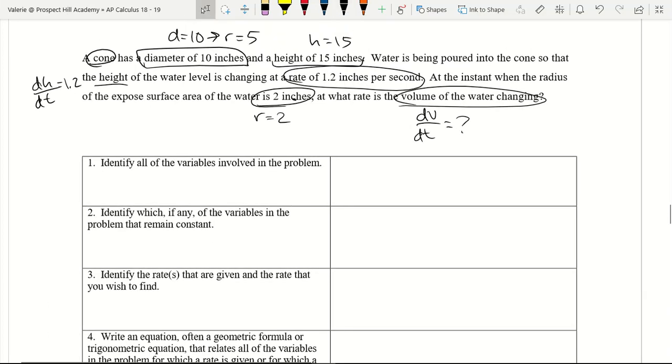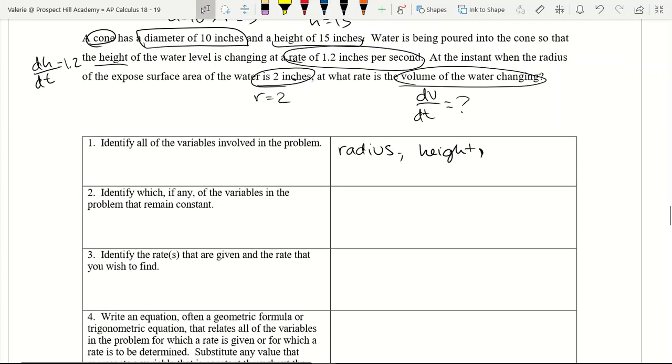Okay, so this problem has a whole lot of variables. It started with diameter, but in the formula for a cone, we're not going to use diameter, we're going to use radius. So we have the radius, we have height, and then we have volume of a cone. When thinking about the volume of a cone, the radius is different at any point on the cone, the height is going to be different on any point of the cone, and the volume is going to be different at any point on the cone.